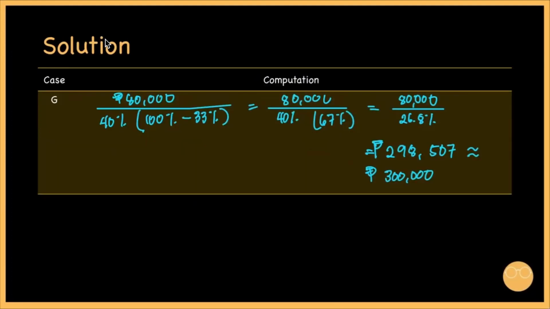We are going to multiply the 40%, which is our contribution margin rate, by our derived percentage, 67%. And that will be 80,000 divided by 26.8%, or our break-even point. Then, our break-even point in terms of amount is 298,507, or roughly 300,000 pesos.